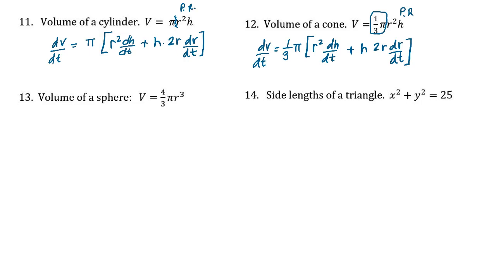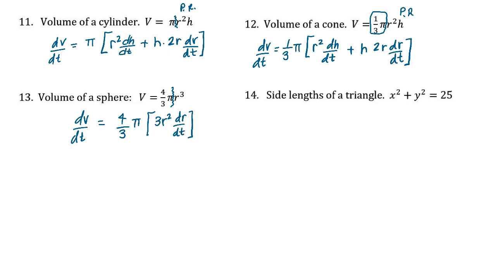Okay, and we've got 2 more. So for this one, again I would leave that 4/3 pi, that's all just numerical values. So we have dV/dt equals 4/3 pi times the derivative of r cubed, 3r squared dr/dt.